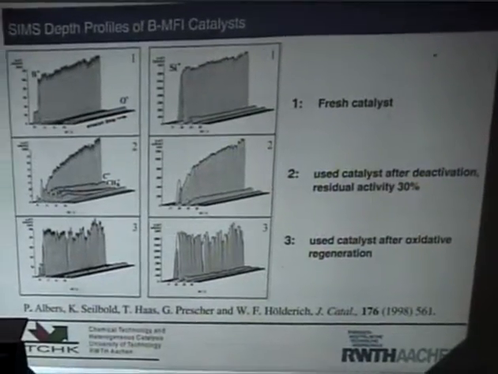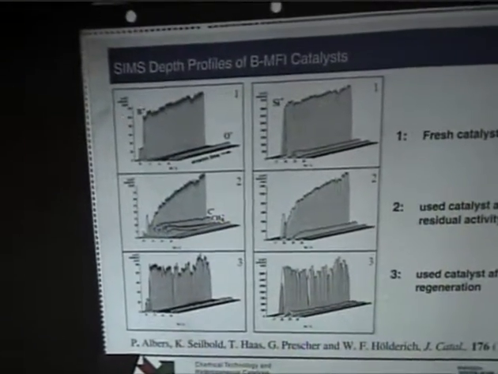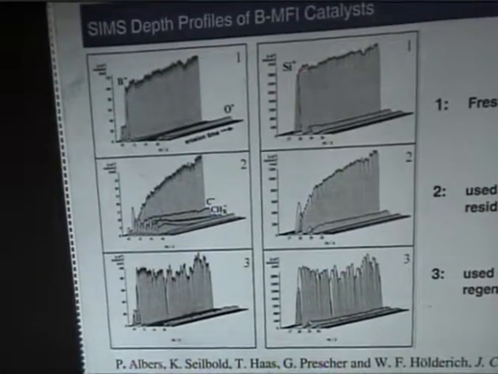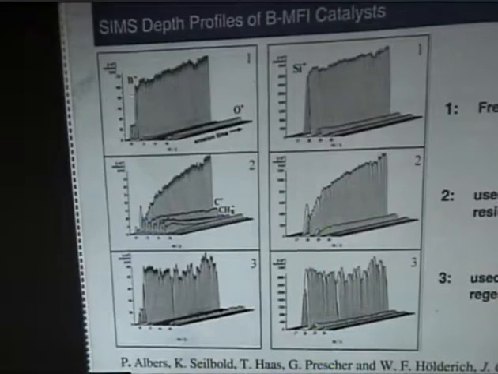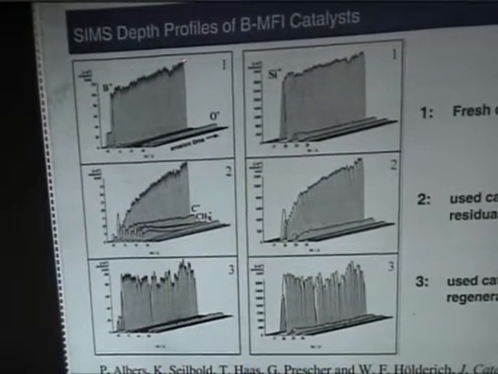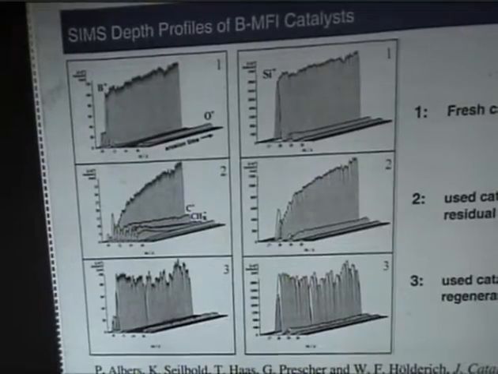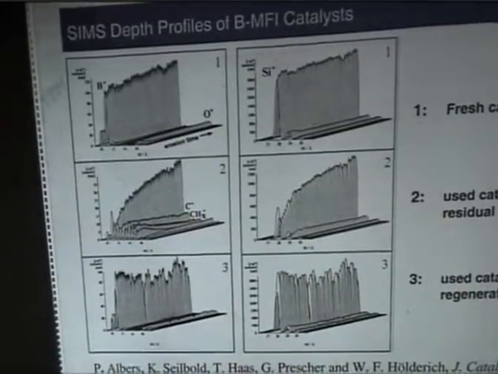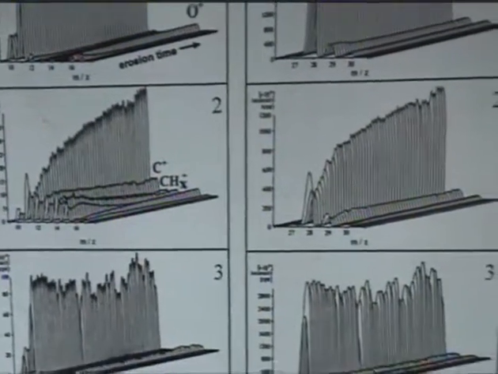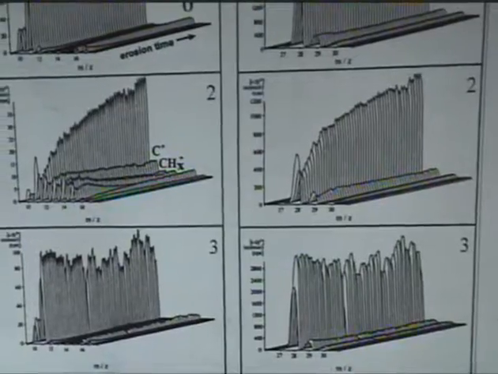What we found in the fresh catalyst is that the boron content was equal, and also the silicon content, when we go from the outer surface to the inner part of the zeolitic particles. After the deactivation, we realized that the outer surface was covered by hydrocarbons.